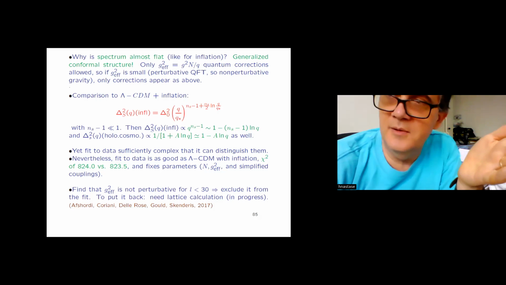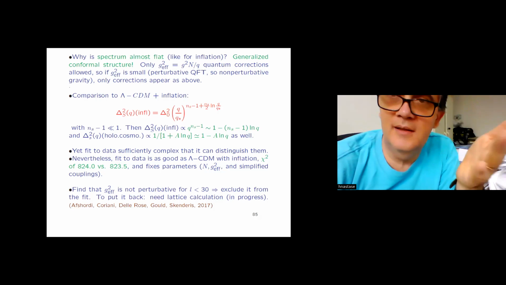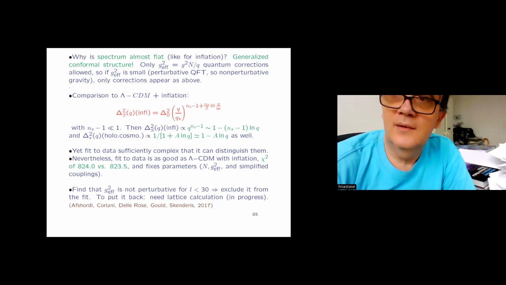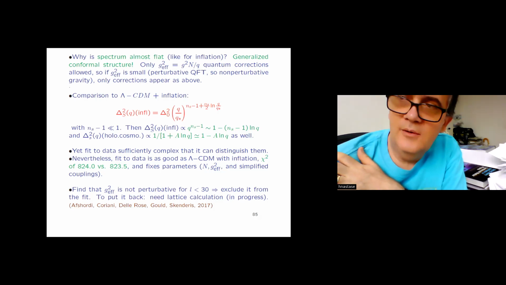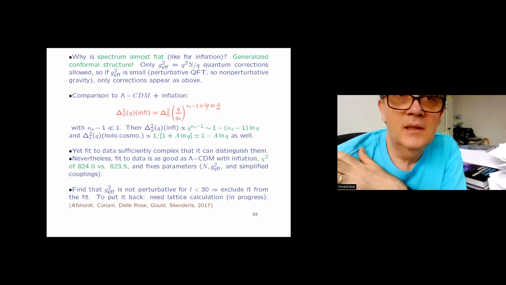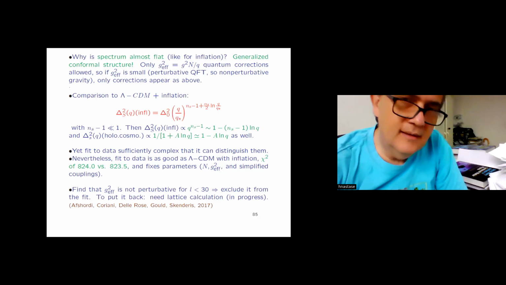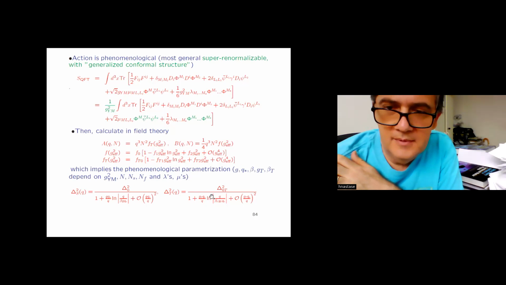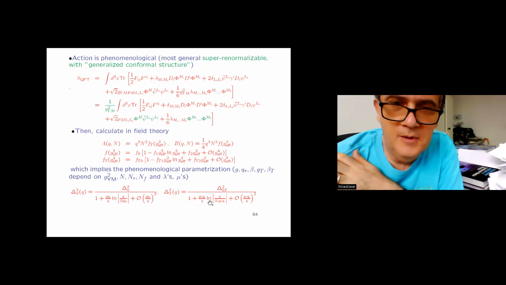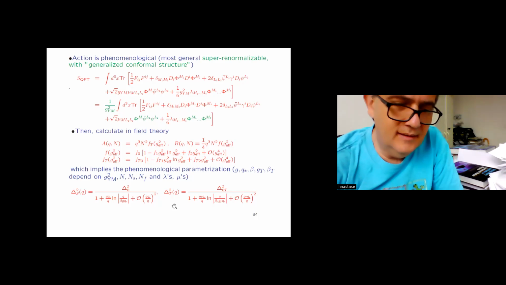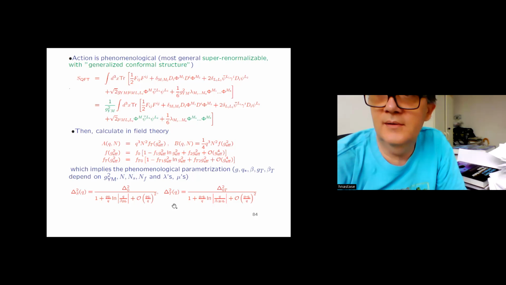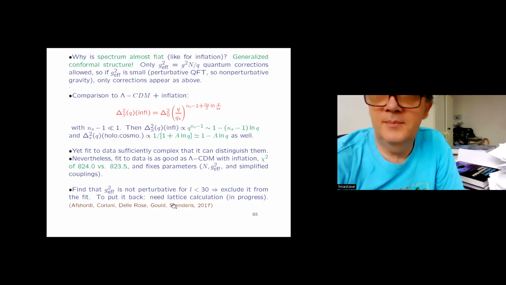There are no other parameters allowed at 2 loop. 1 loop is the 0th order. So then we get really this form, which is nothing but generalized conformal structure in perturbation theory.